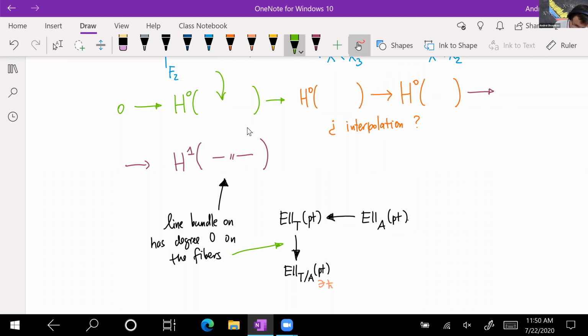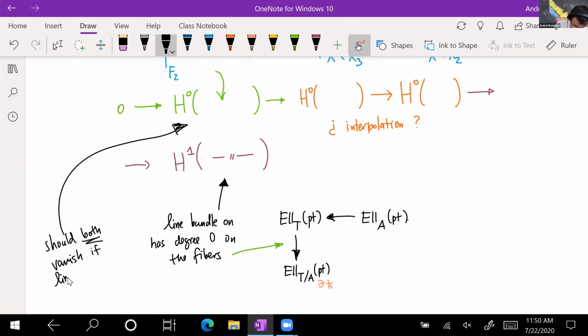So they should both vanish, if the line bundle is nontrivial.